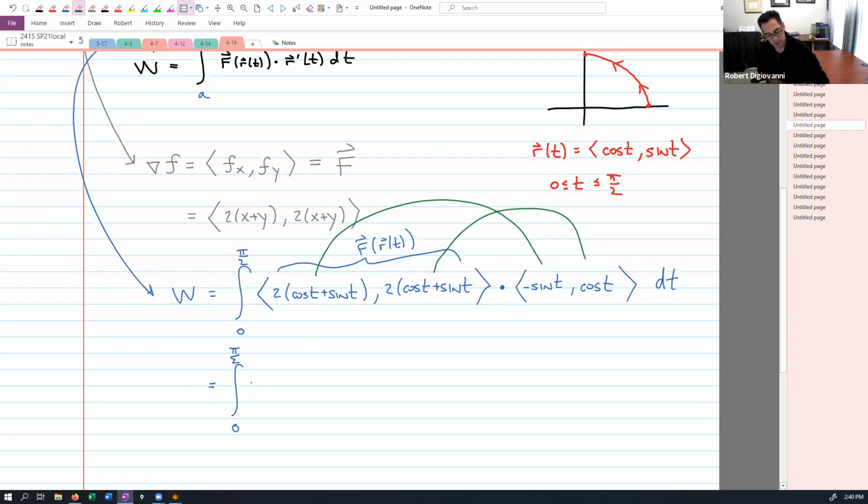So I should get 2 sine t cosine t minus 2 sine squared t, and then plus 2 cosine squared t plus 2 sine t cosine t, dt.